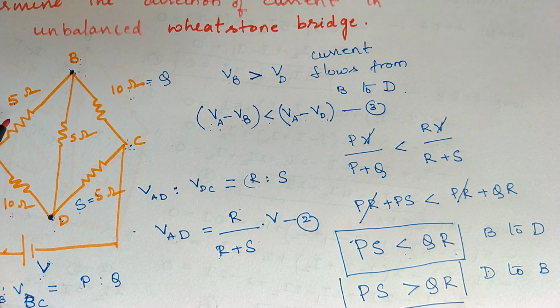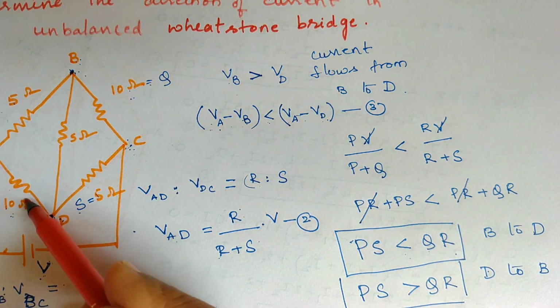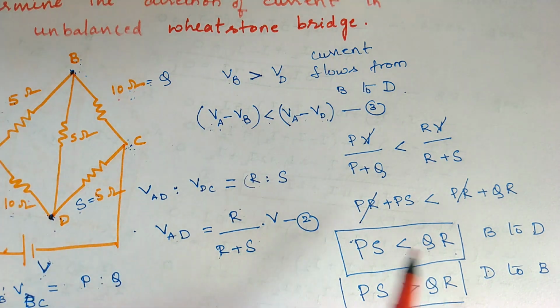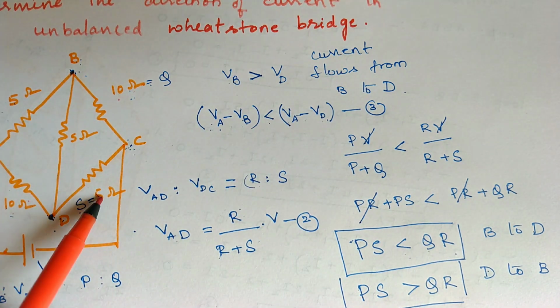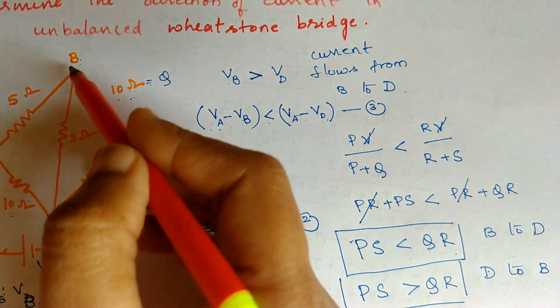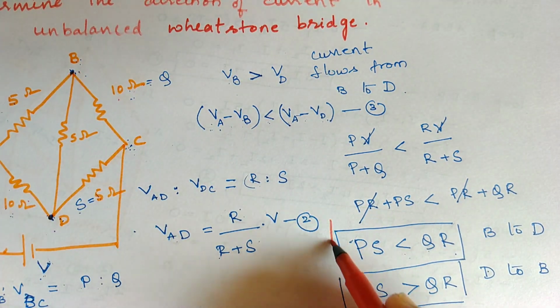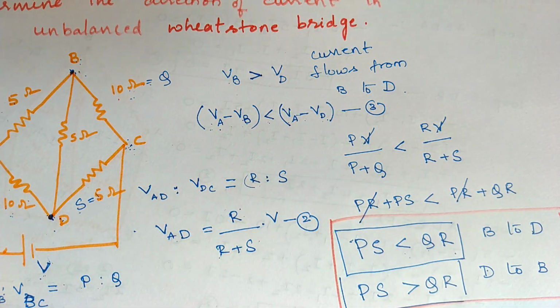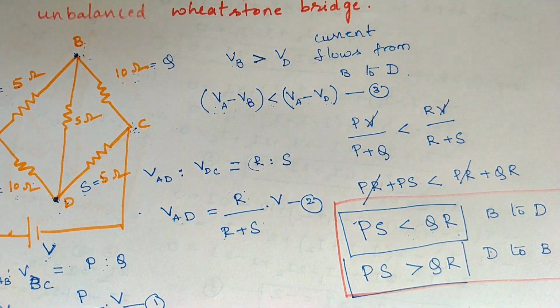If the product of these two resistors is greater than these two, then current flows from D to B. If the product of these two resistors is less than the product of these two, current would flow from B to D. Now you can make use of this condition when you get this type of question in objective pattern. So I am not going to derive this again in the question.